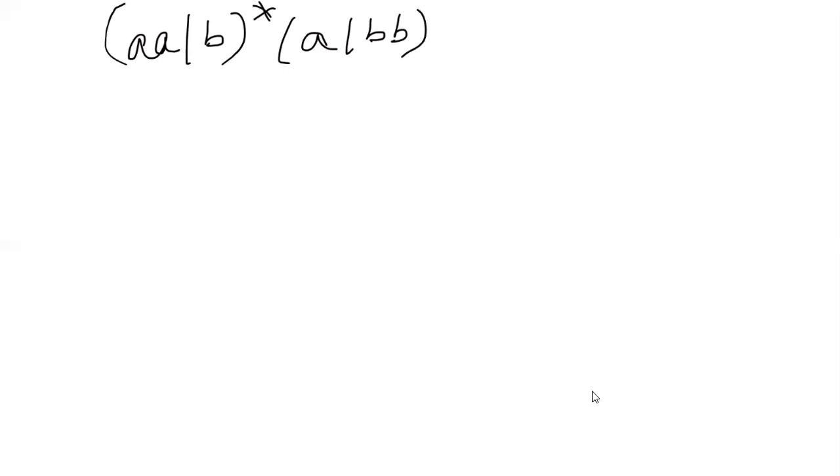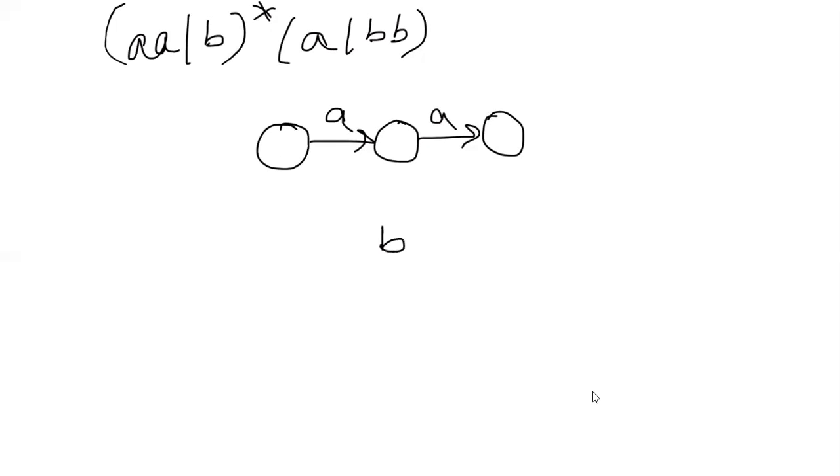So here we'll use a little bit of intuition. So A followed by A. So I have A followed by A. So I'm omitting some of the redundant steps. And here I have B. Okay. So I have B.